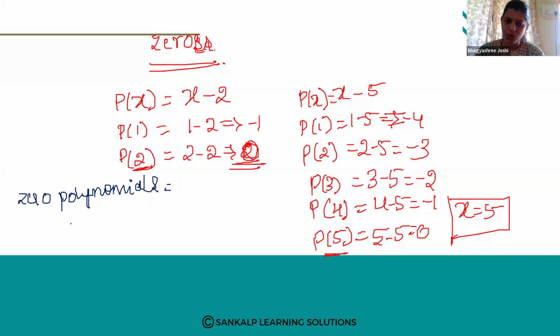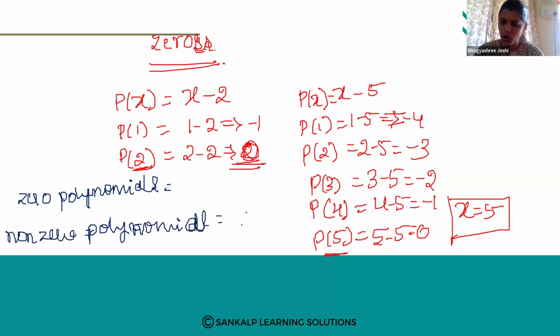Before starting with zero, we will discuss the non-zero polynomial. This is also called a constant polynomial. What does non-zero polynomial mean? See, if I write 2 minus 100. What is the degree of 2?